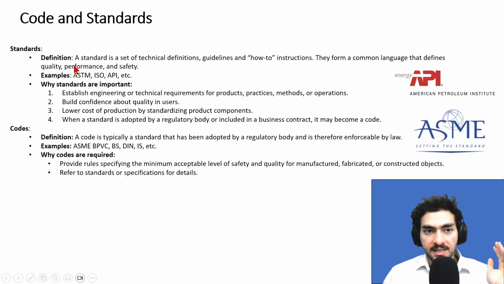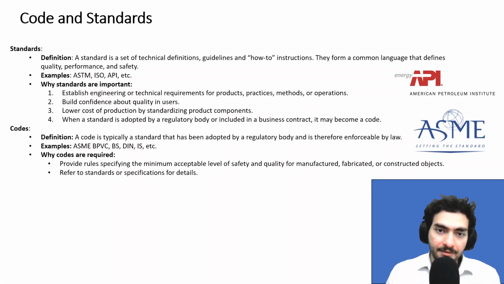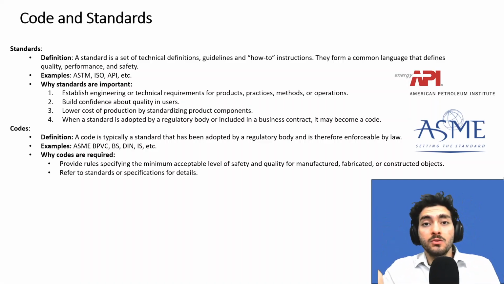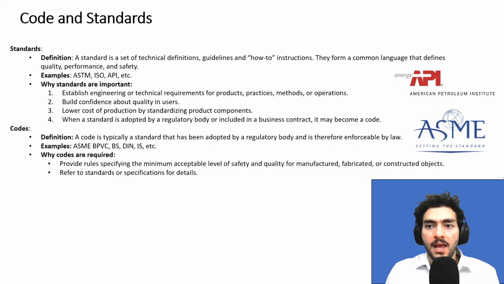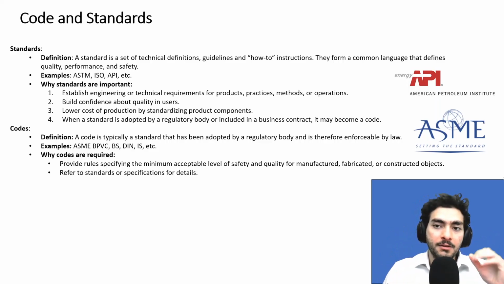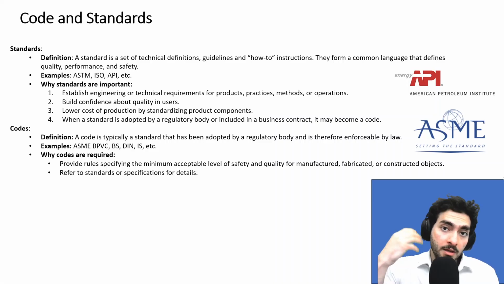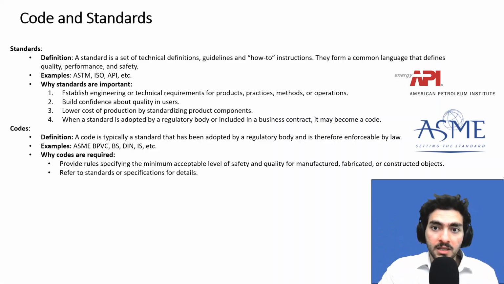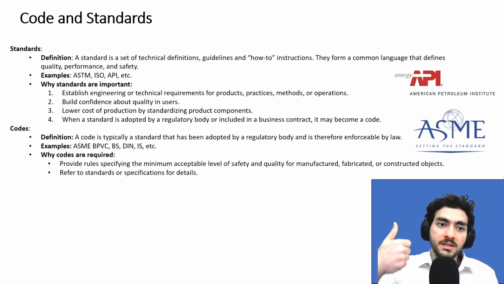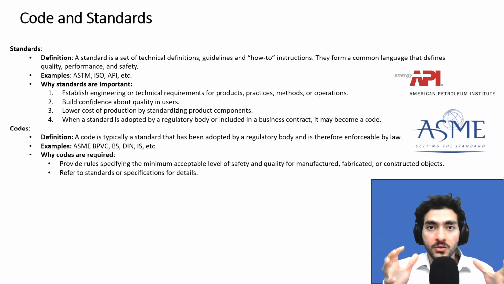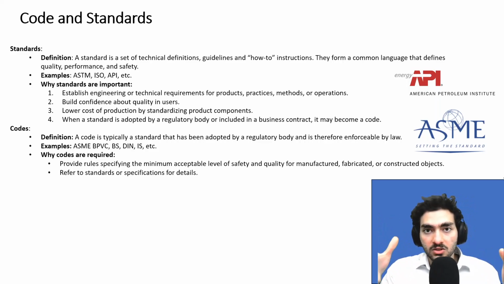Standards is the set of technical definitions, guidelines, and how-to instructions, basically. And you can think about them as they form a common language that defines the quality, performance, and safety. In terms of pressure relief valves, they would be what defines the performance, safety, and quality of a pressure relief valve that should be installed in a system.